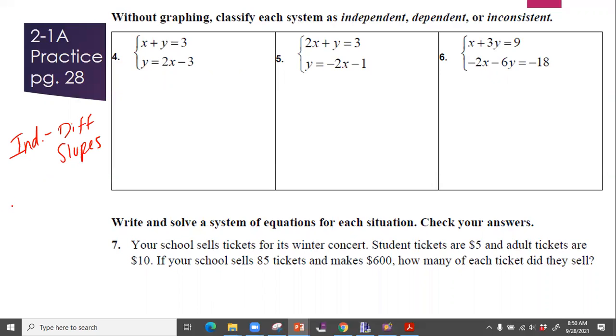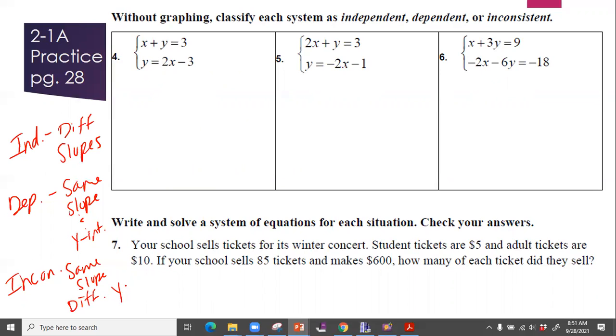If we are dependent, that means we have the same slope and same y-intercept. And then if we're inconsistent, that means that we have the same slope, but a different y-intercept.